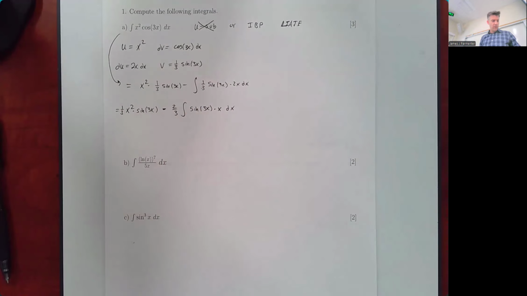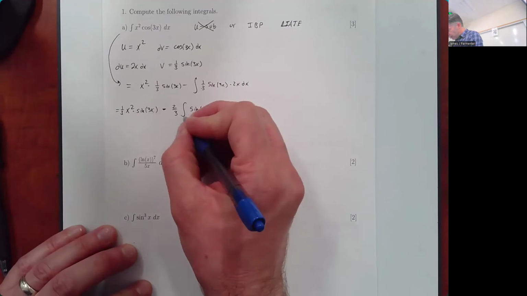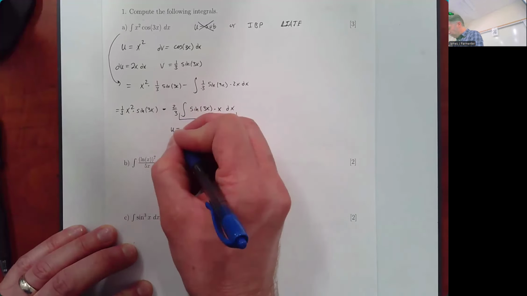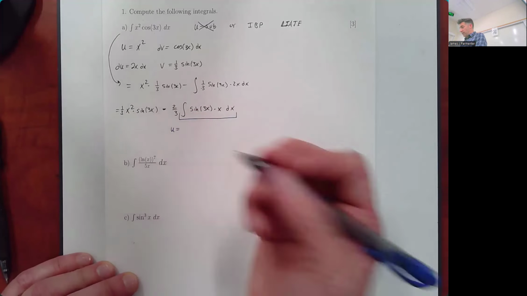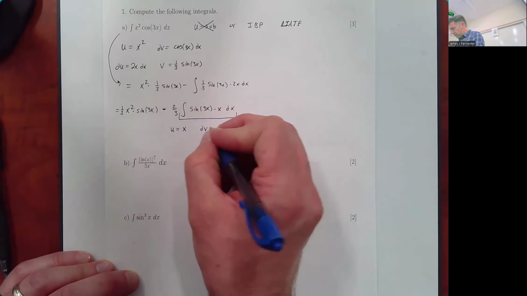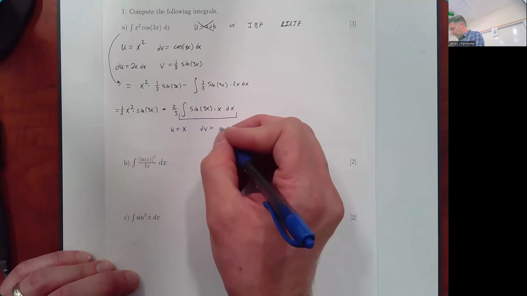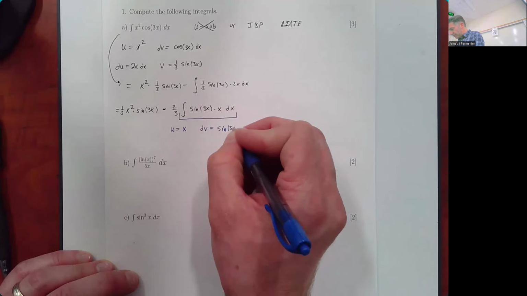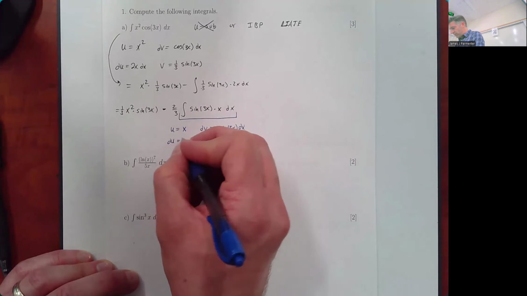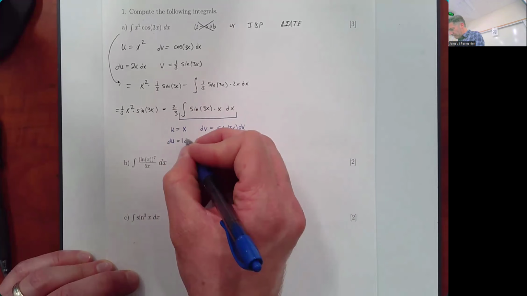So for this new integral here, we're going to let u equal the same type of thing. Still the power of x, that's going to be x to the first. The dv is going to be the rest, which is sine of 3x times dx. Our du, the derivative of x is 1, so our du is 1 times dx.